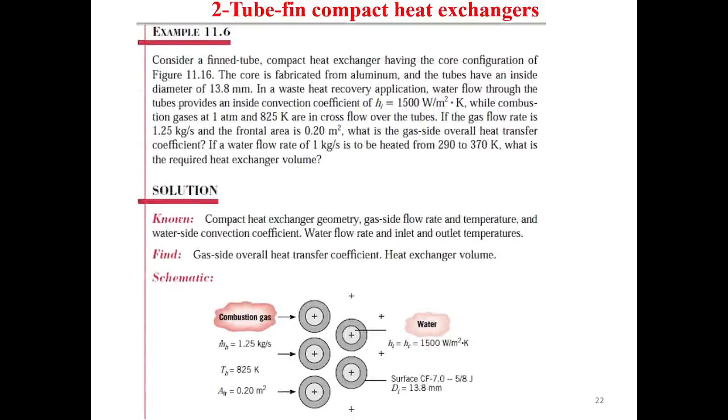In order to understand the situation for the tube fin and plate fin heat exchangers, what we did before from the book of Incropera in chapter 11, we talked about compact heat exchangers, but only for the tube fin compact heat exchanger. There was an example which is very illustrative and very good to understand. Example 11.6.